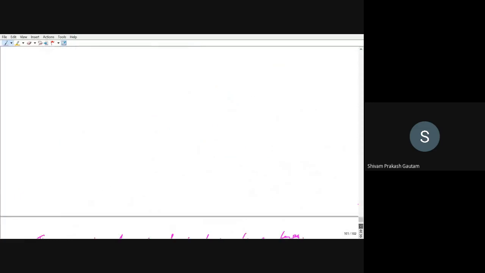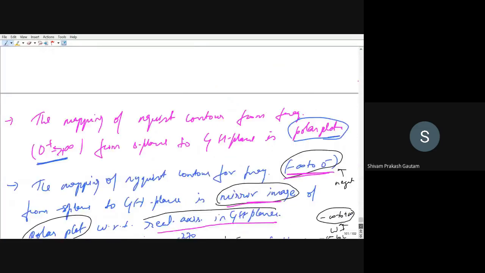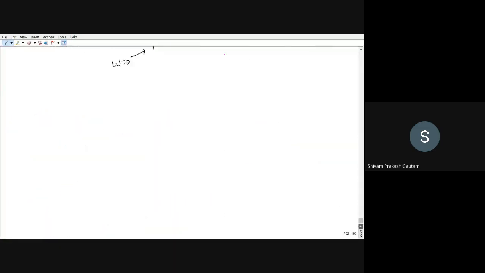So let us take the first example for Nyquist plot. The open loop transfer function, that is G(s)H(s), is given as K upon s plus 1. For this, we have to draw the Nyquist plot. So the first step is, we have to put s equal to j omega.